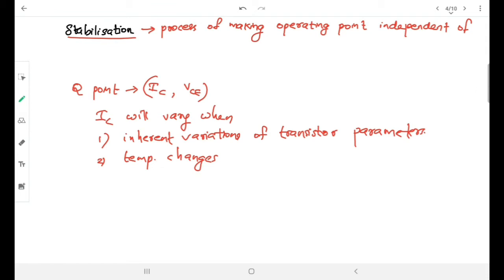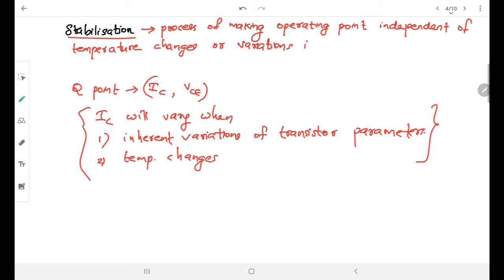So we have to make the Q point independent of IC, which means that we have to make the operating point independent of these two changes. So the process of making the operating point independent of temperature changes or variations in transistor parameters is known as stabilization.